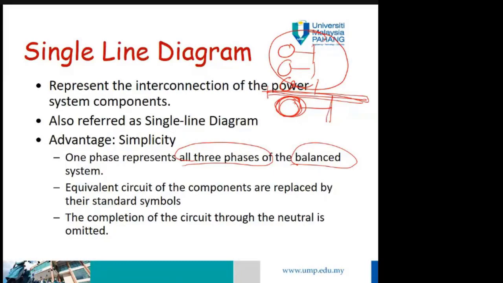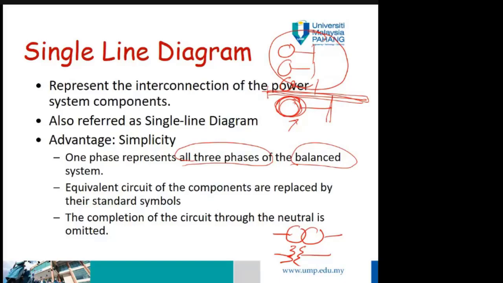This is single phase. So the equivalent circuit of components are replaced by their standard symbols. For the generator, we can represent it by these symbols. Transformer, some books use these symbols, some books use this type of symbols. Okay, these both are the transformers. And then what else?